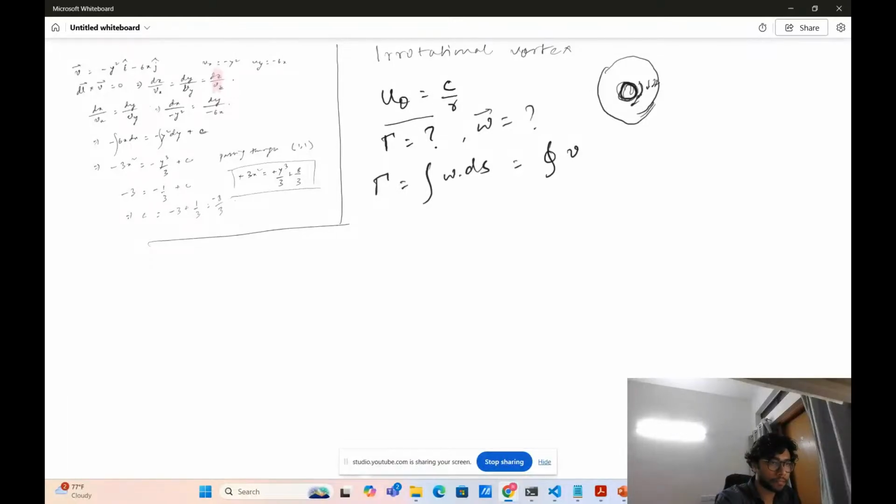Also, given velocity, we can do a circular integral of velocity v dot dl.